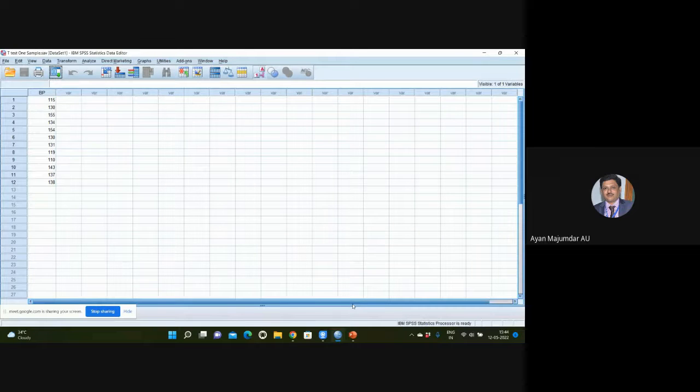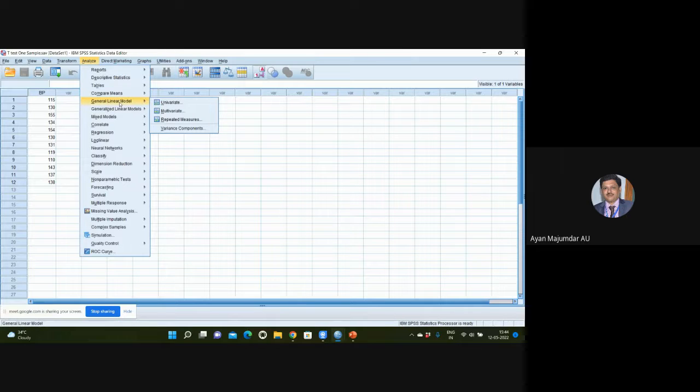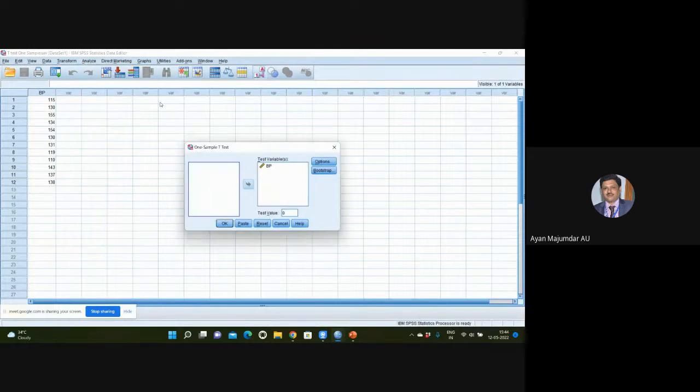This is the one-sample t-test. Go to Analyze, choose Compare Means, One-Sample T Test.